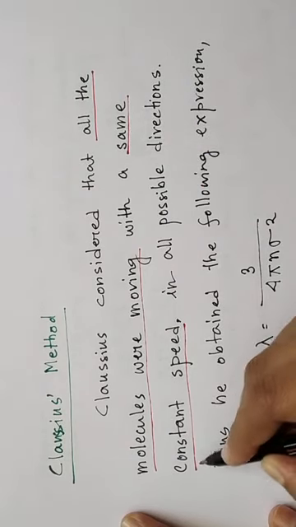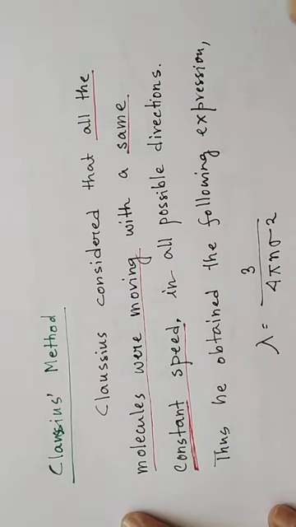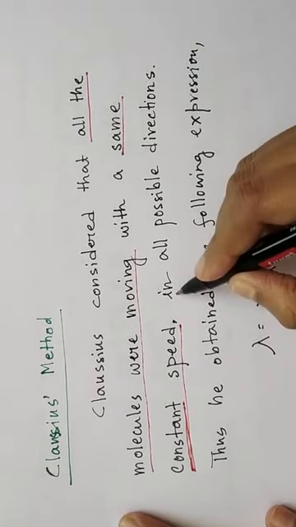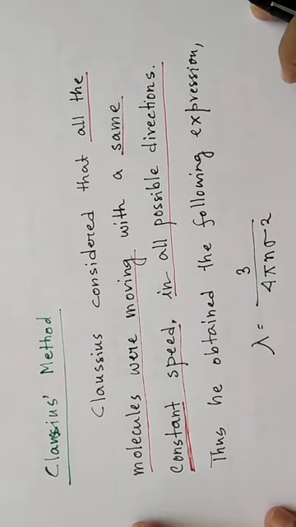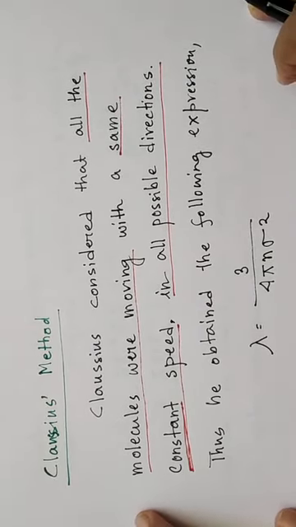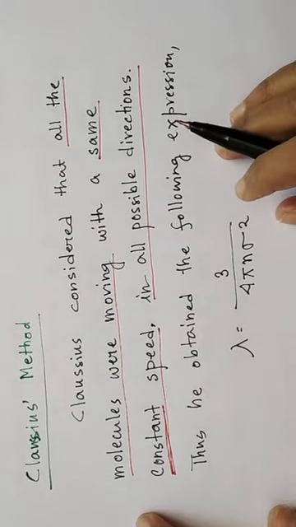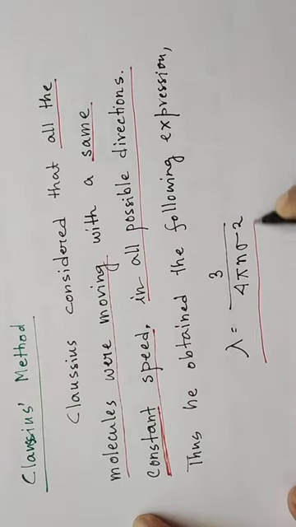That speed will not change with time, and all the molecules are moving in all possible directions. With this consideration he got this expression for the mean free path: lambda equals 3 by 4 pi n sigma square.